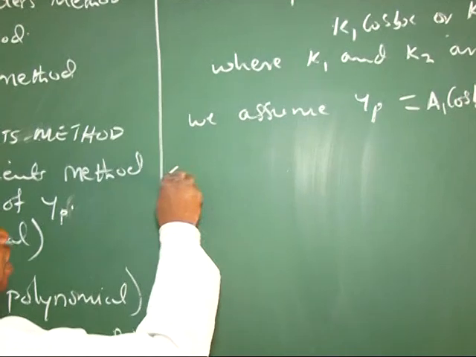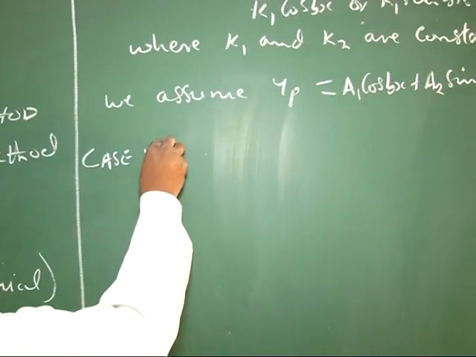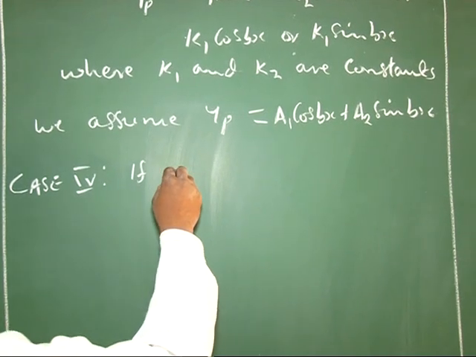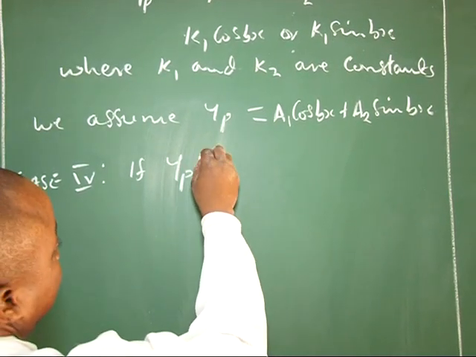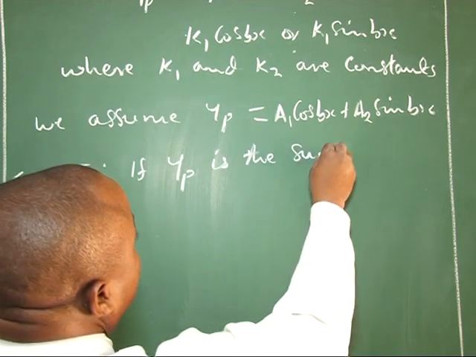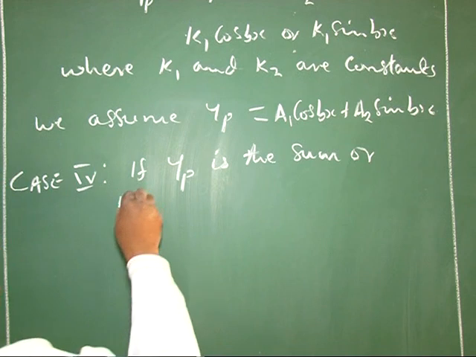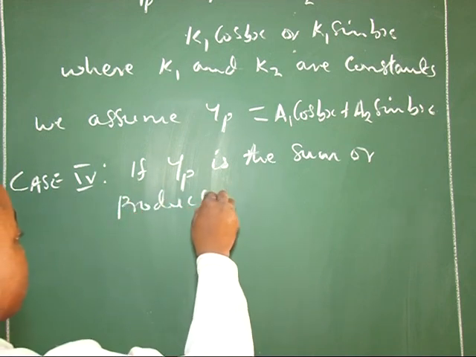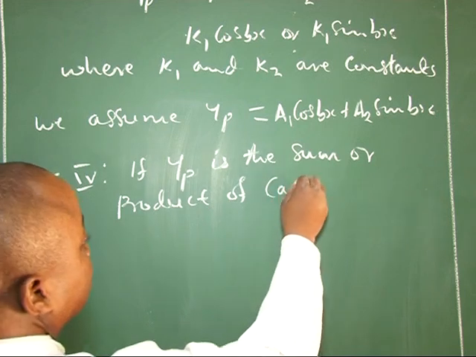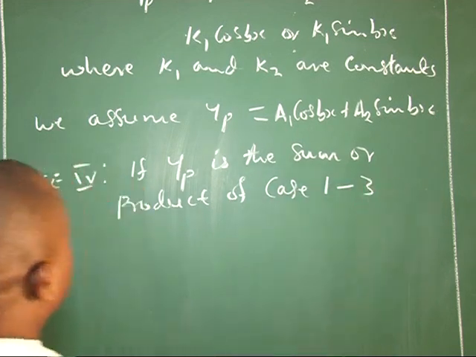Now, let's look at case 4. Case 4. If yp is the sum or product of case 1 to 3.